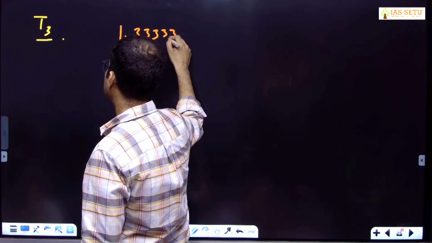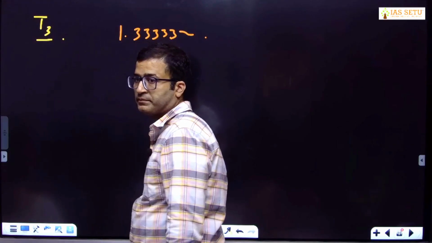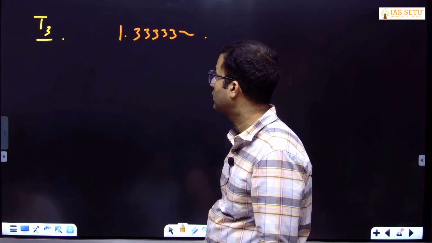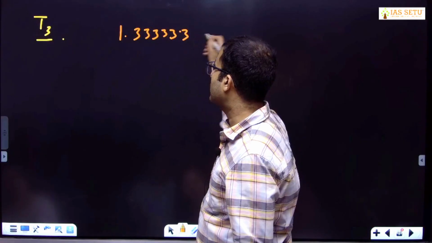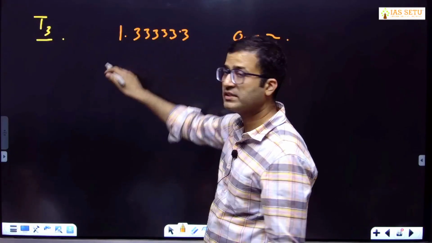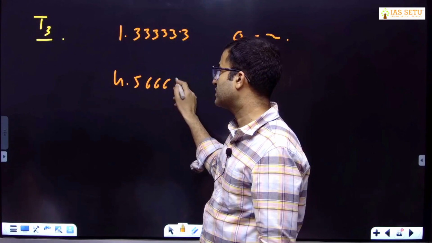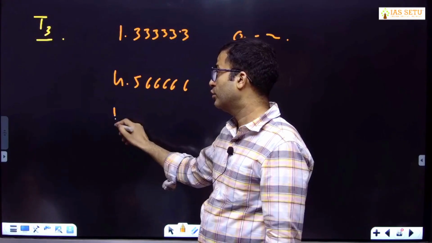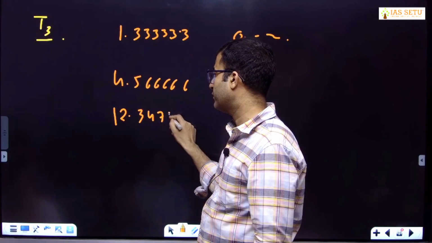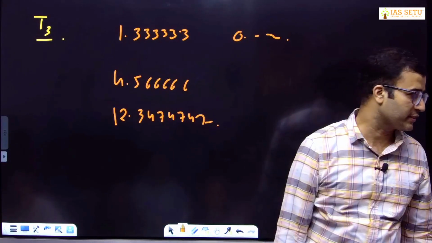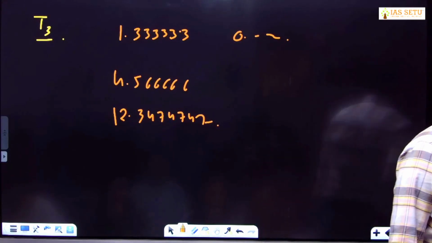Like here 1.33333. ठीक है, अब तक हमने क्या किया था 0.333. अब डेसिमल से पहले भी कुछ डिजिट है 4.566666, 12.3474747.